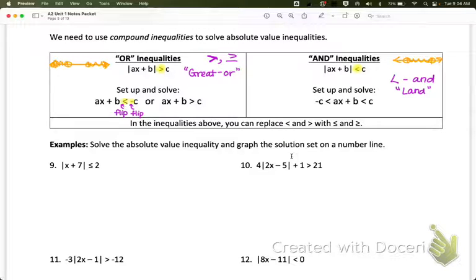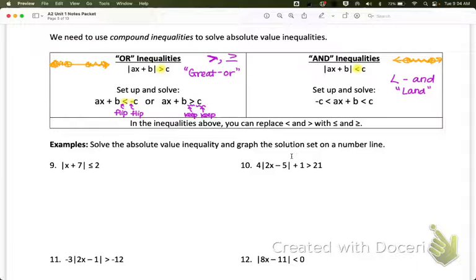So in the first inequality, it's flip, flip. Or in the second inequality, they're both the same. So the second one is keep, keep. And that's kind of what I remember in my head. Flip, flip, keep, keep with your ORs. So it's flip, flip, or keep, keep. Those are your two options.